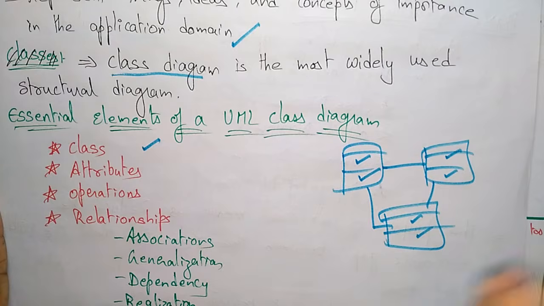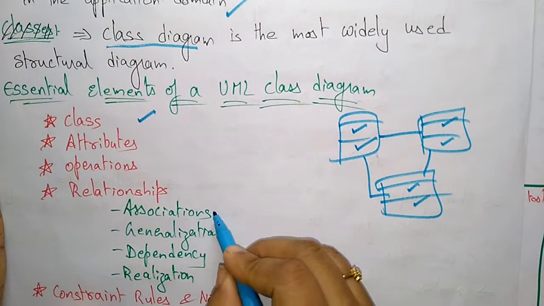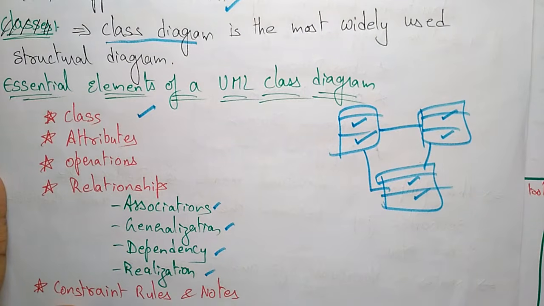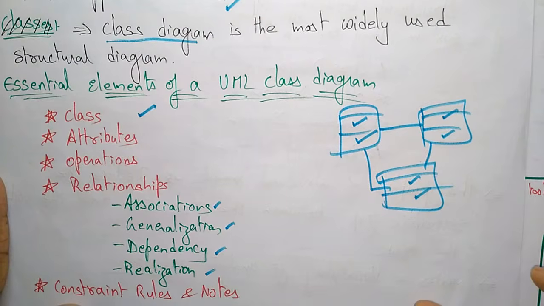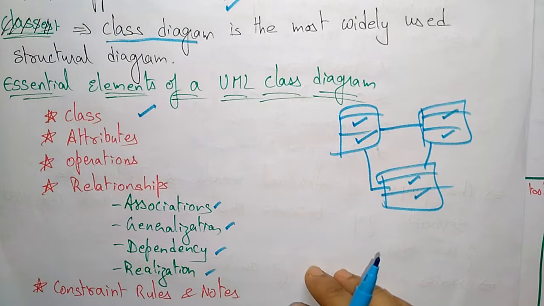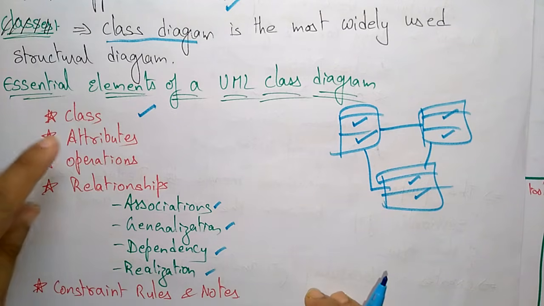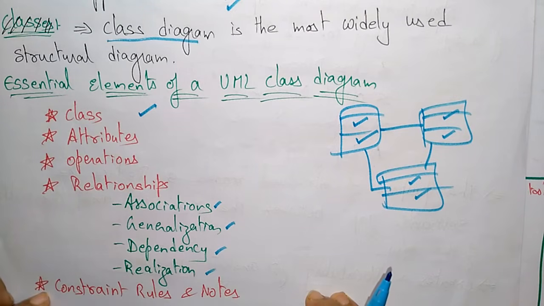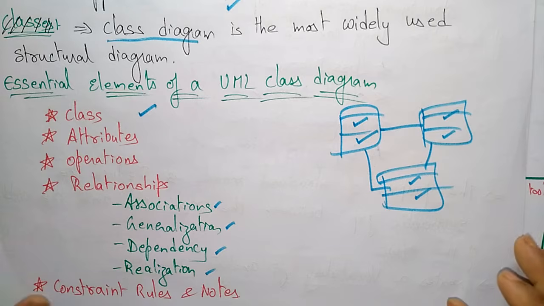A relationship may be association, generalization, dependency, or realization. And constraints, rules, and notes, meaning based on some conditions, the class diagram is going to be implemented. Whenever you are asked what basic structural modeling is, you need to explain the class diagram. In the class diagram, the most essential elements are classes, attributes, operations, relationships, and constraints, rules, and notes.